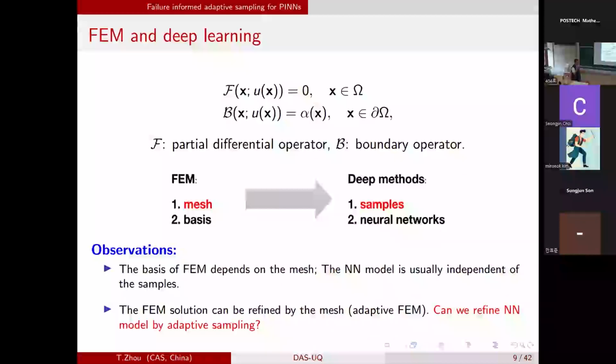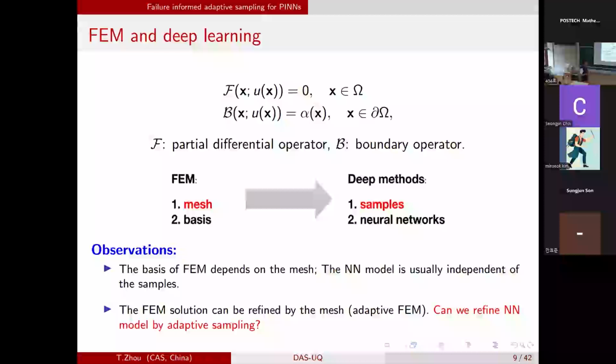Suppose a PDE has a singularity in the middle of the domain. If you use a uniformly distributed mesh, you will not resolve the solution. So you have to do exactly the same thing here. The big issue in finite element methods is how to define the mesh and how to refine the mesh. That's the main issue for adaptive finite element.